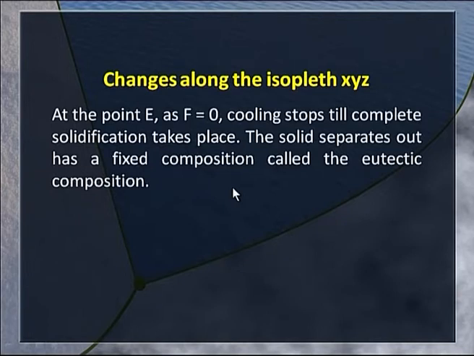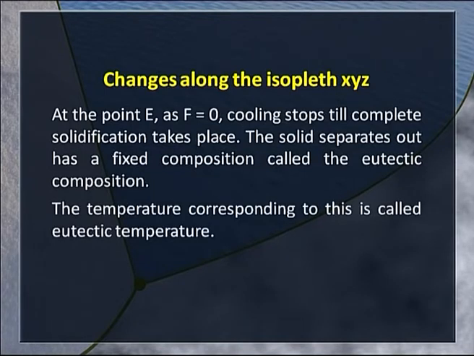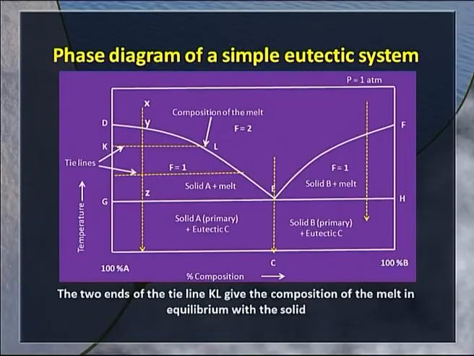This composition corresponding to point E is called the eutectic composition, and the temperature corresponding to this is called the eutectic temperature. Is it possible to separate pure component from the mixture? Let us try to answer this question. You look at the figure.